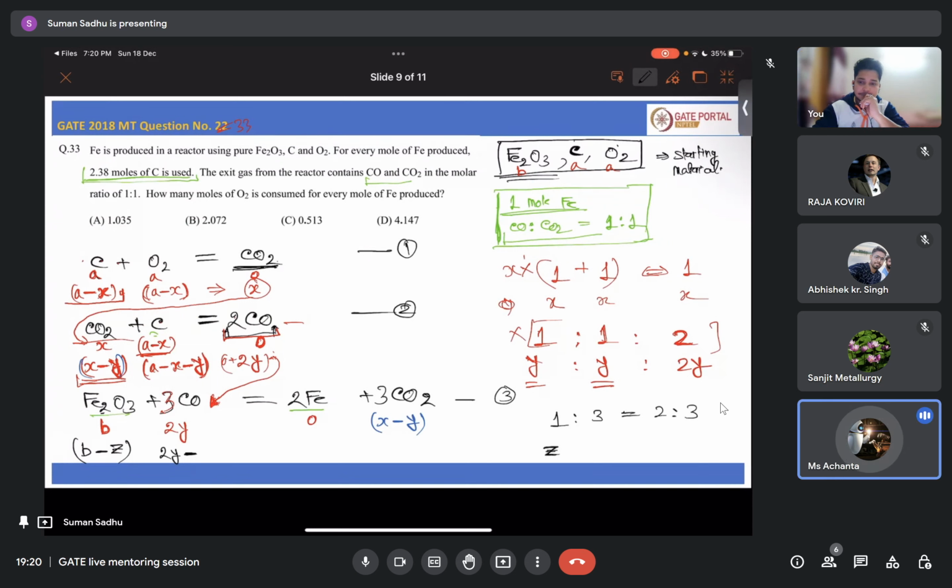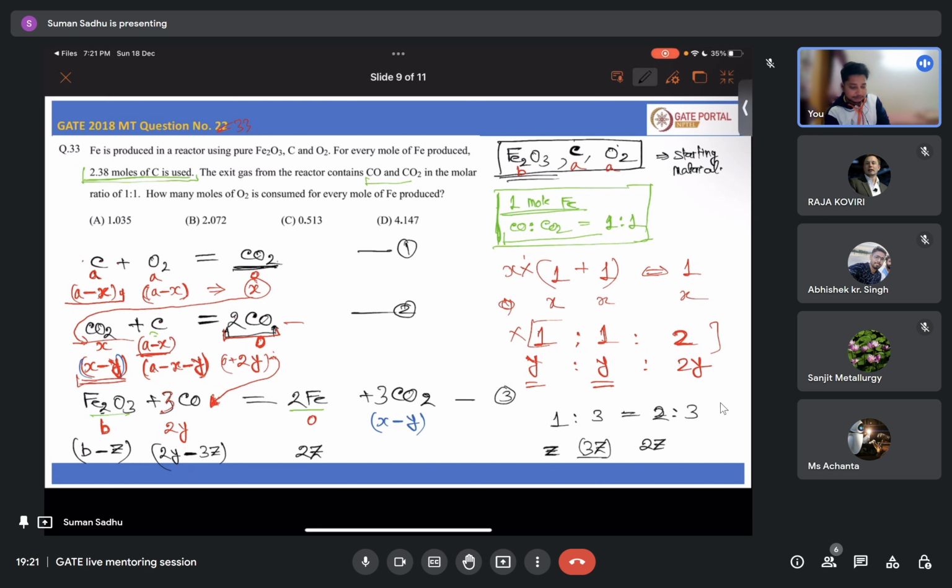Yes, you are right. In this ratio it will dissociate, so 3Z mole will dissociate. So it will be 2Y minus 3Z. Now how many mole of iron will form? This ratio is 2, that means 2Z, right?